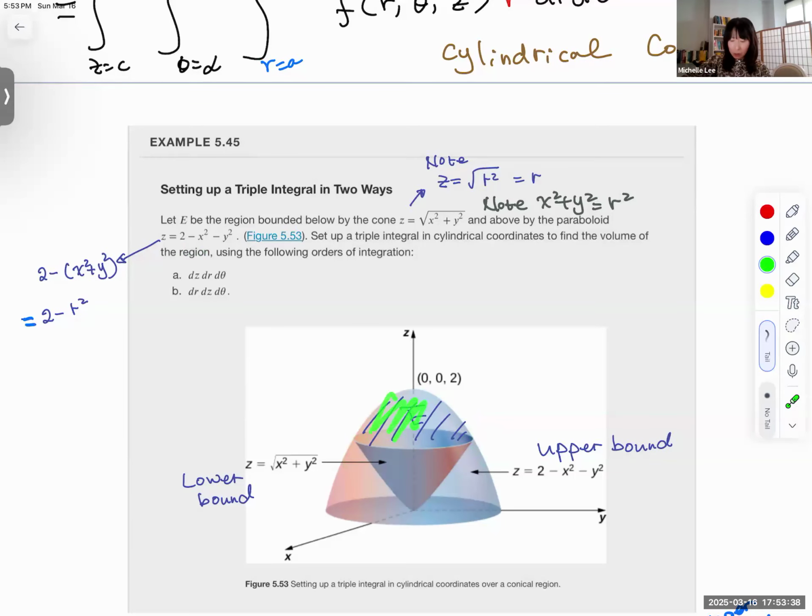So this is region E, and we want to find the volume of the region. This is the lower bound and the upper bound: the region is bounded above by this function and below by the cone.